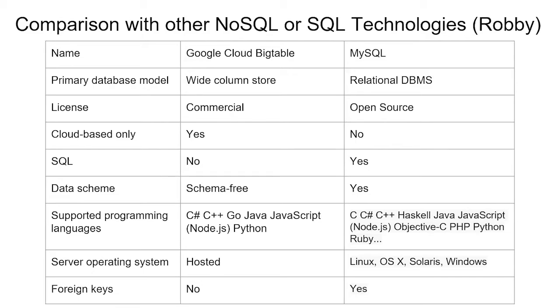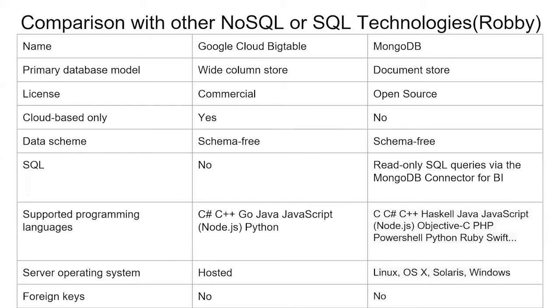You can use it with any system. MySQL supports Linux, OS X, Solaris, and Windows. Google Cloud Bigtable doesn't support foreign keys, since NoSQL databases do not support foreign keys and do not have the concept of referential integrity. MySQL supports foreign keys.